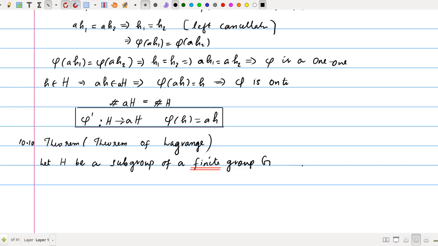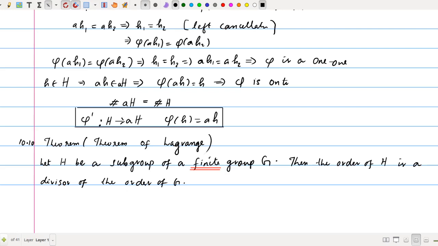Let H be a subgroup of a finite group G. Then the order of H, order meaning cardinality, is a divisor of the order of G. That means the cardinality of any subgroup of a finite group divides the cardinality of the group.